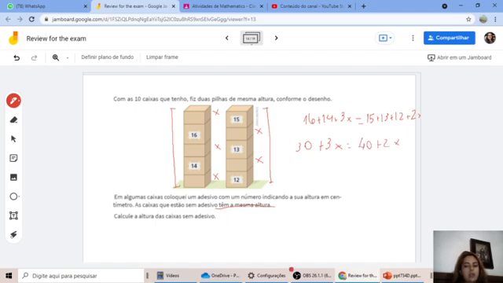Now I will put x on one side and numbers on the other. So 3x minus 2x equals 40 minus 30. So x is equal to 10, okay? So each box has the height of 10.